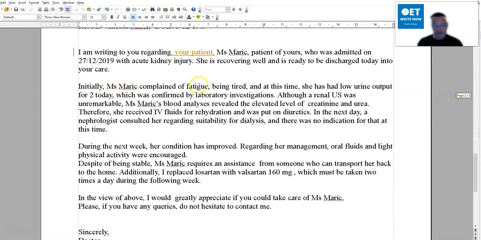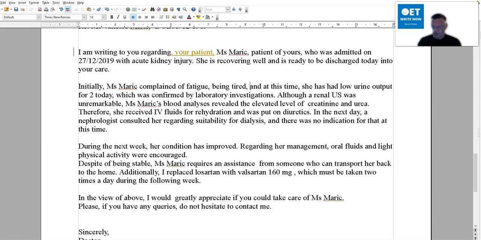Initially, Mrs. McNair, fatigue. I don't know why. Is this not the same? Fatigue and tiredness. Is it not? I'm fatigued, I'm tired. Now, at this time, right? Obviously it's not at this time, is it? It's at that time.